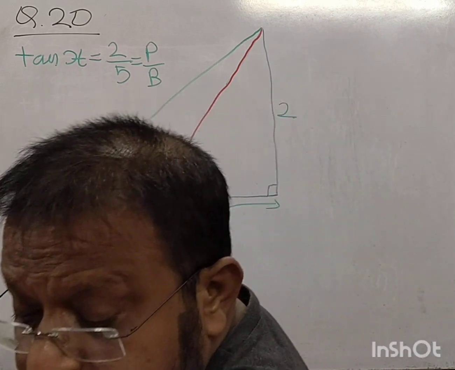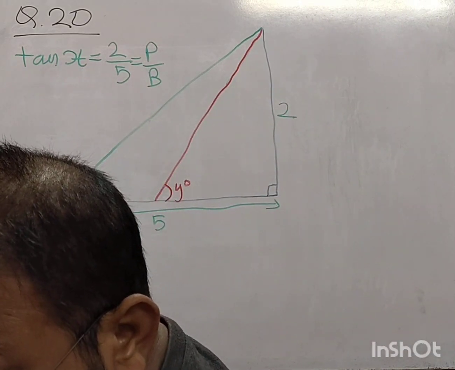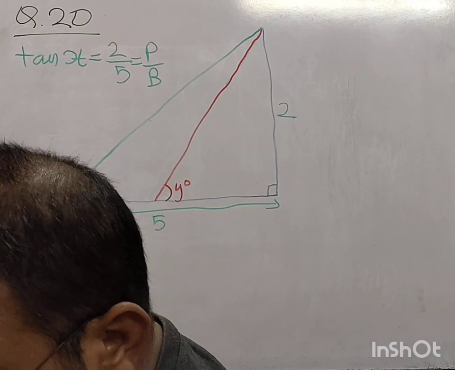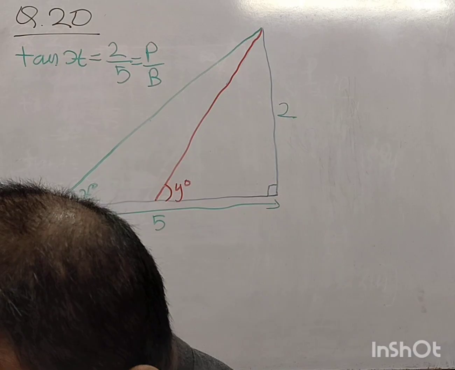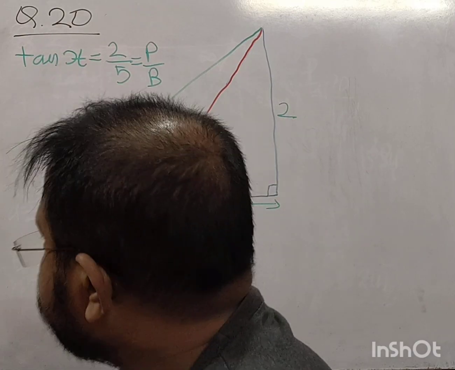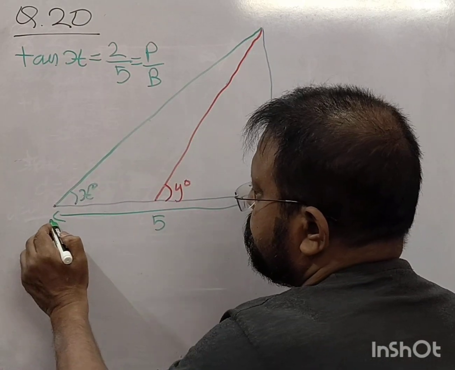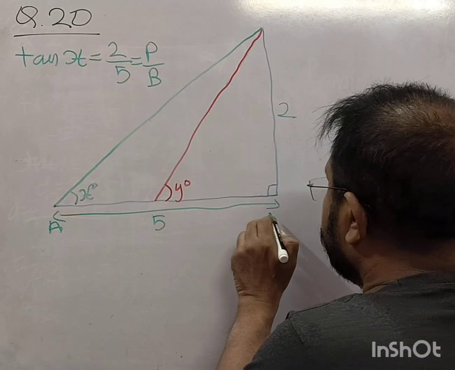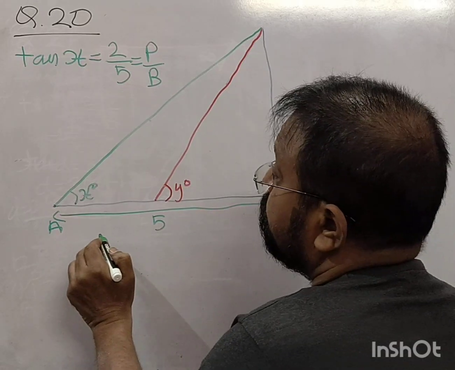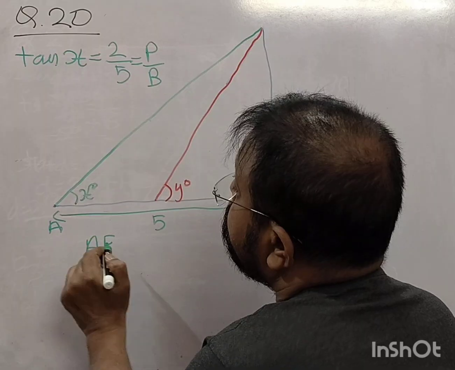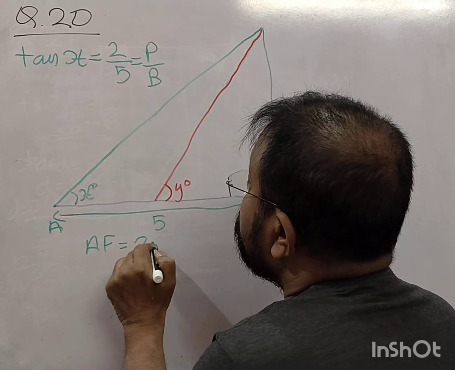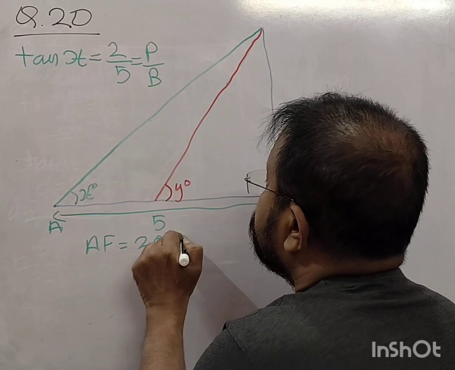Okay. What next? AF is 200. This is AF. And AF is equal to 200 meter, right?